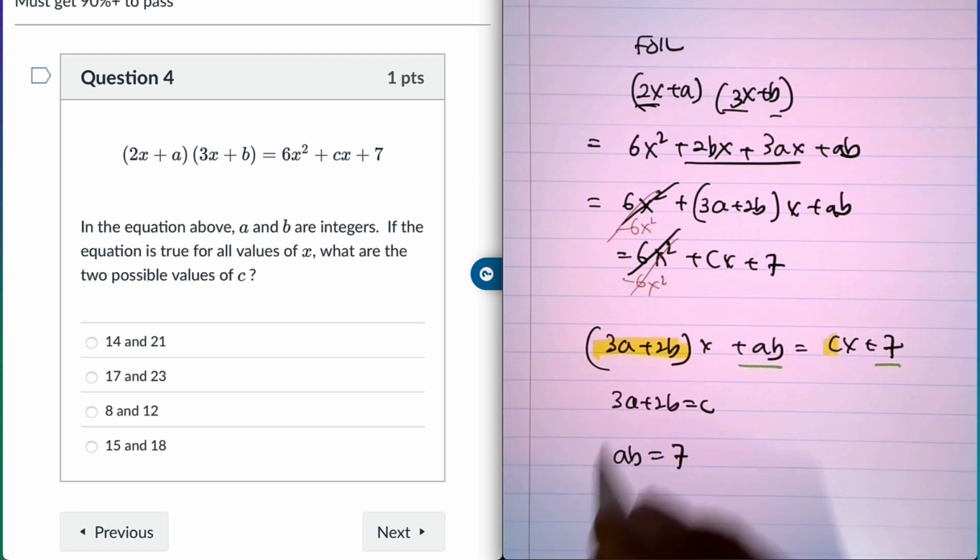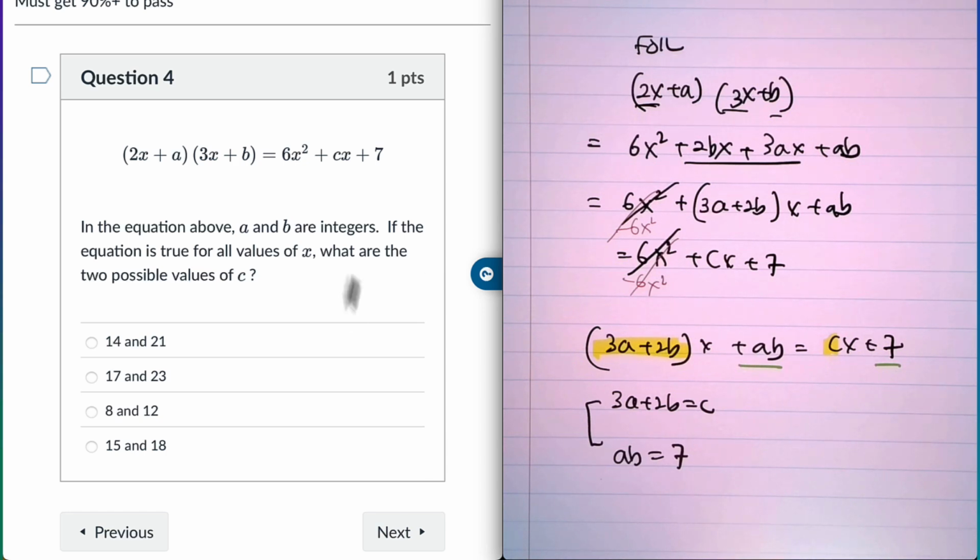Alright, so you might wonder, I have two equations but three variables, a, b, and c. How am I supposed to find it? So they give us this condition here: the equation is true for all values of x. Okay, here, a and b are integers. So if a and b are integers, we have a limited set of choices because we have 7, which is a prime number.